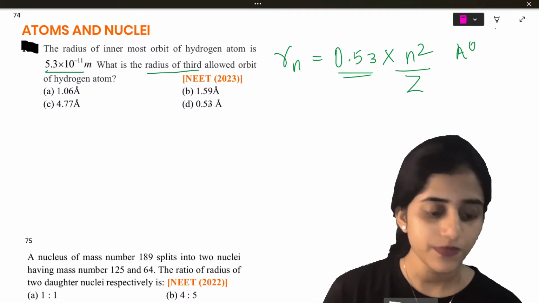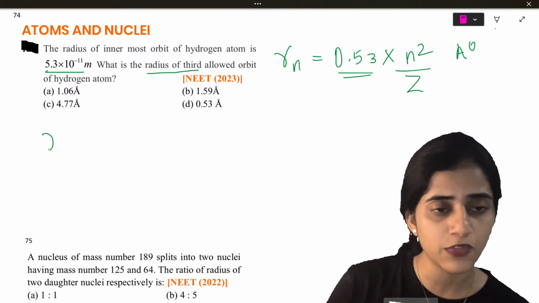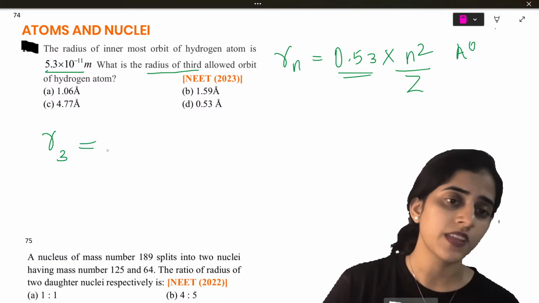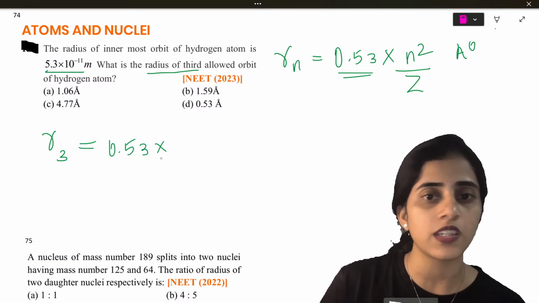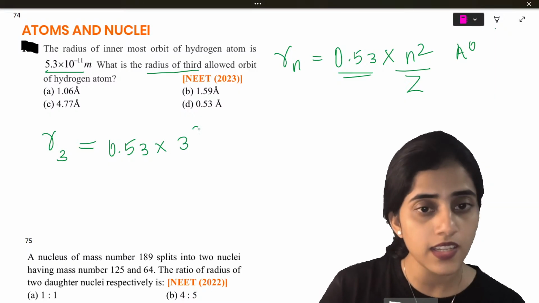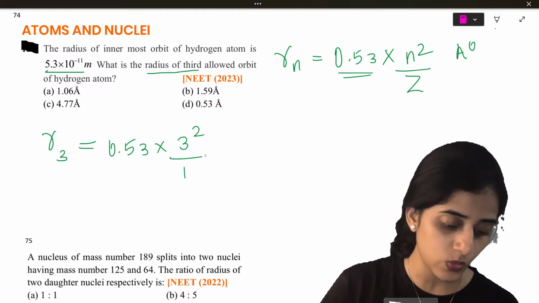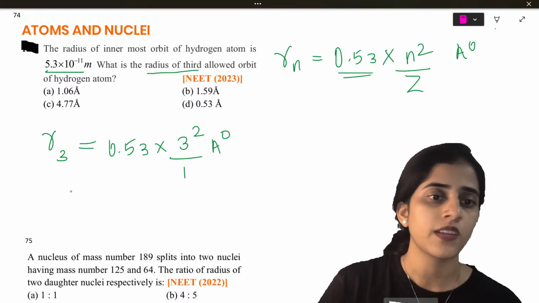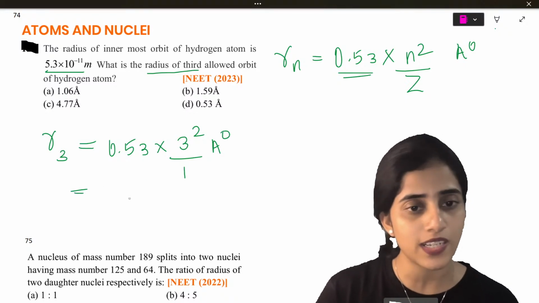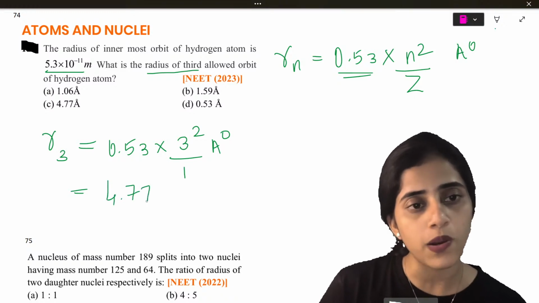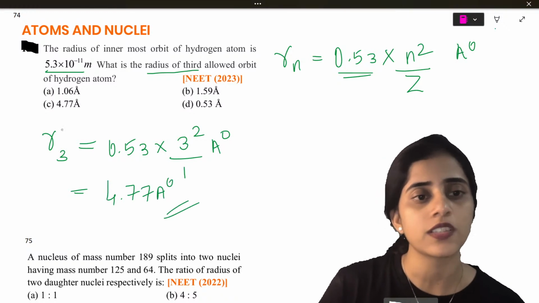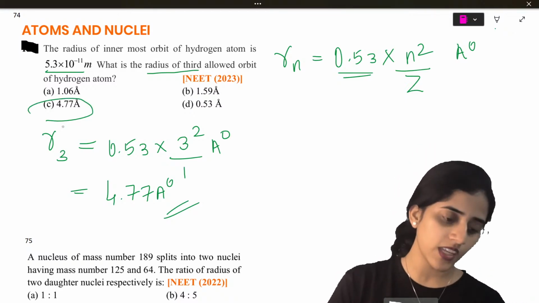Now I will do the substitution. I have to find the radius of the third orbit. So R3 is going to be 0.53 into 3 square by Z, which is 1, angstrom. 3 square is 9, and 9 into 0.53 will be 4.77 angstrom. Are you all getting option C?